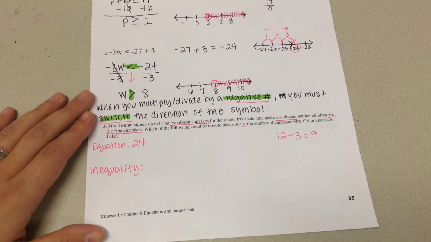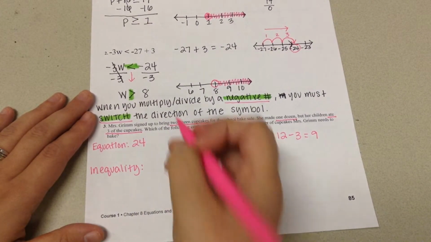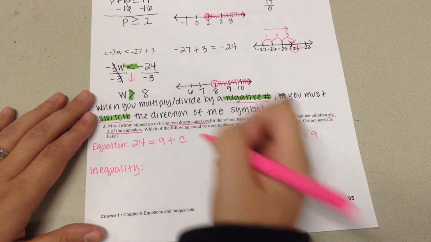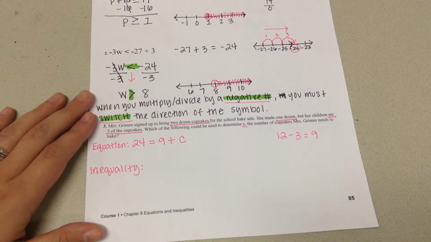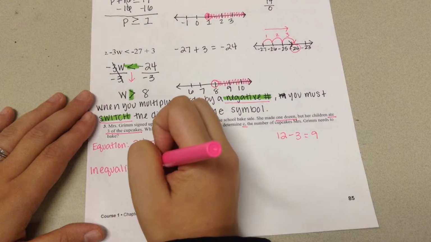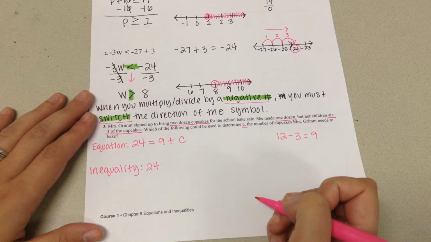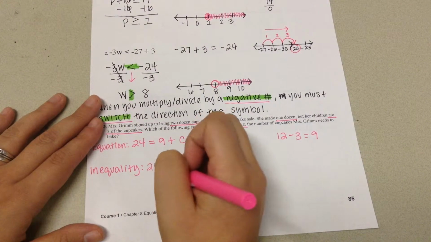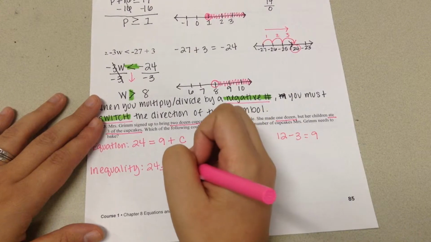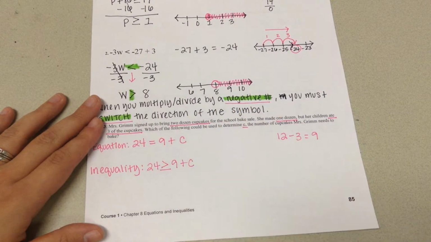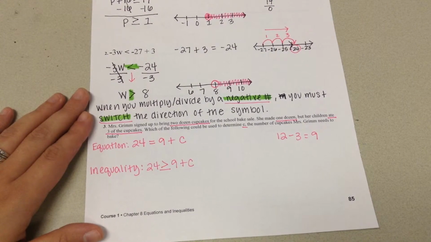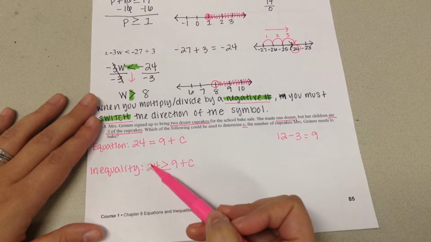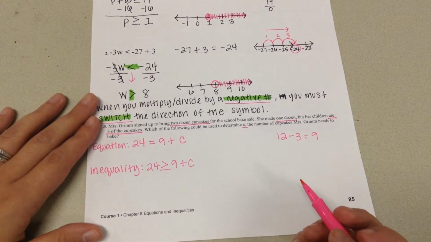For the equation, you can have 24 equals 9 plus C. And for the inequality, you can have 24 has to be greater than or equal to 9 plus C. Because we don't know whether she can only make 24 or whether she can make more than 24.